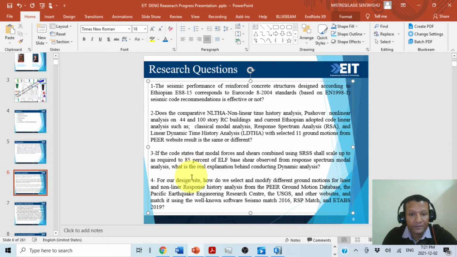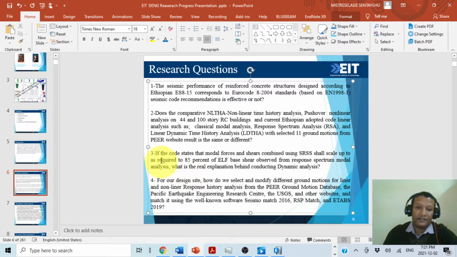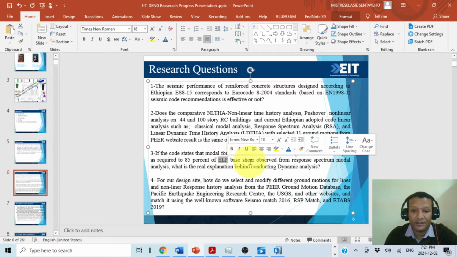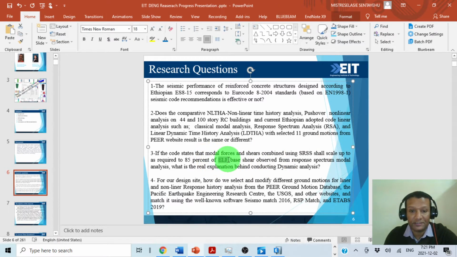The third one: the code states that modal force and shear combined using SRSS shall be scaled up as required to 85% of the ELF base shear observed from the response spectrum. Basically, one of the limitations of this research is that I will not incorporate ELF in this study.